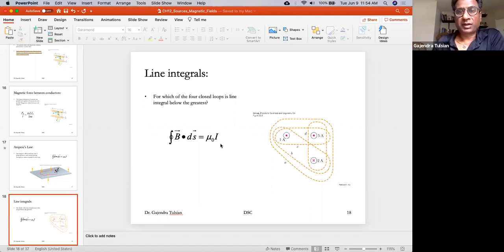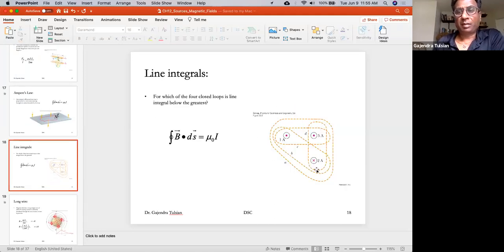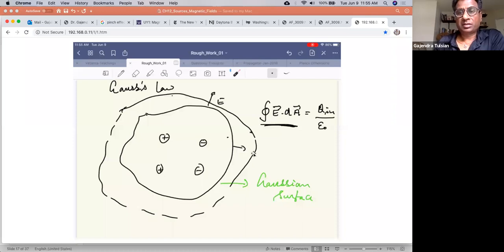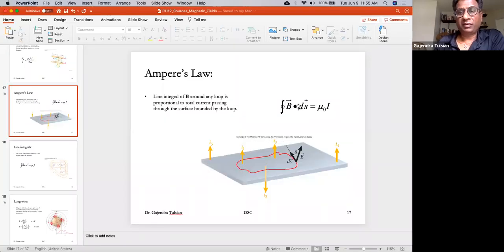Gauss's law relates the electric field on a two-dimensional surface, giving you the surface integral equal to the charge inside the surface divided by epsilon naught. Ampere's law relates the line integral of a magnetic field around a one-dimensional loop, and that's equal to mu naught times the current threading that loop.